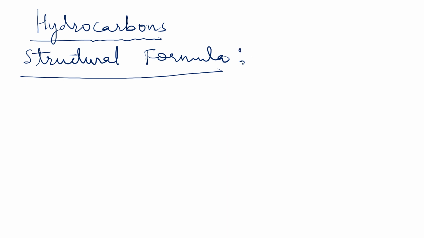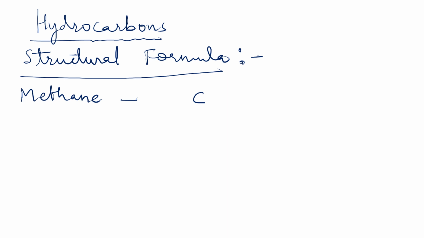The organic compounds are made up of carbon and other elements. So we are going to represent the structural formula. First, the simplest one, which we have already discussed in our previous video, is methane. Methane has one carbon.